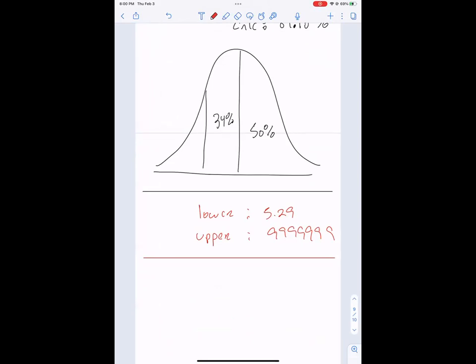But what if I said, what percent is going to be between 3 and 4? Well, you can't do that by hand. But your calculator does it just as easily. Lower 3, upper 4. Here's my answer. I'm done. So the 68, 95, 99.7 rule is nice and all, but the calculator is even better. Make sense so far?